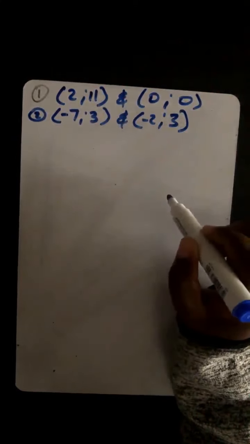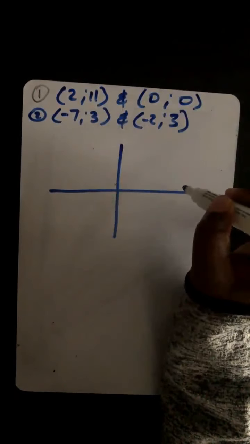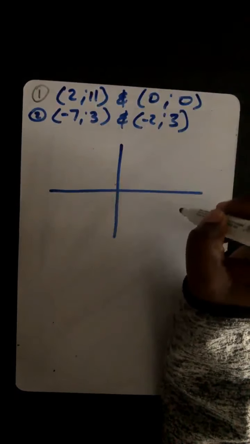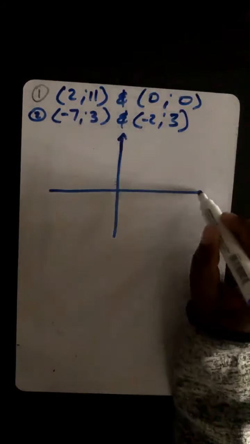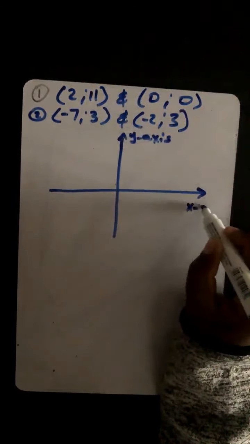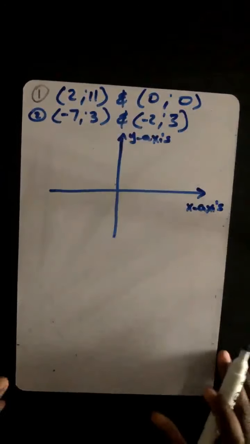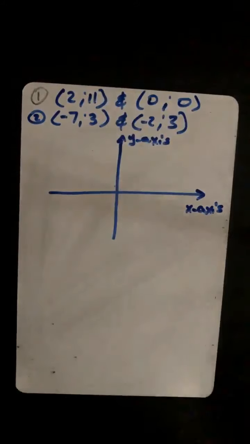But most importantly, you need to be aware that when you plot a straight line, you plot it on the axes, which are the y and the x axis. So this is the y axis followed by the x axis. Whether it is a straight line or any type of function, firstly start with your axes, or your Cartesian plane.